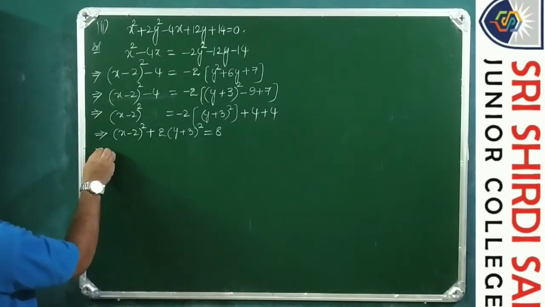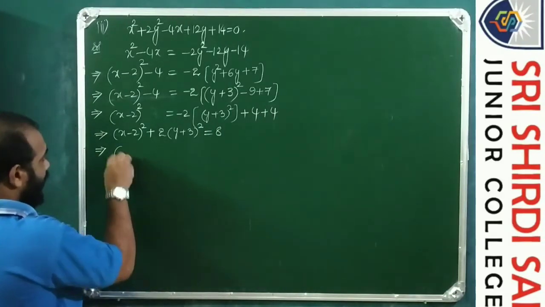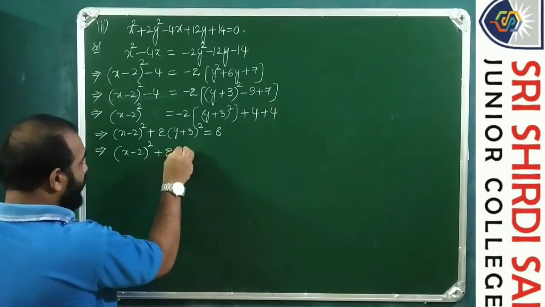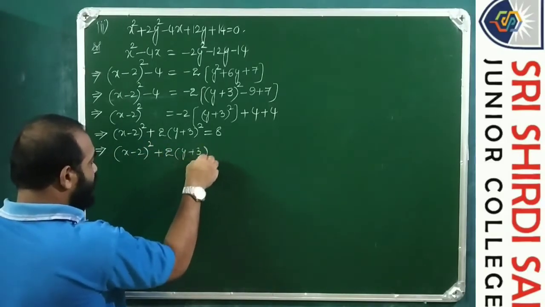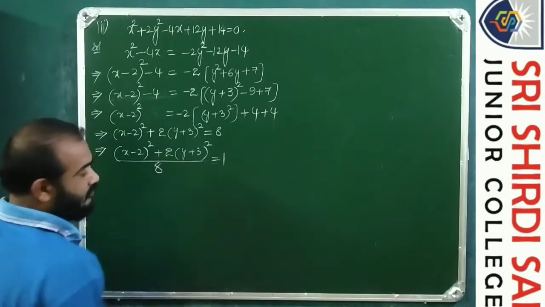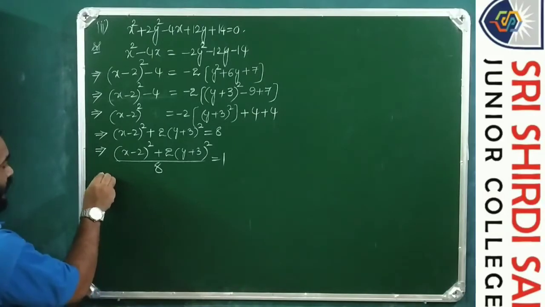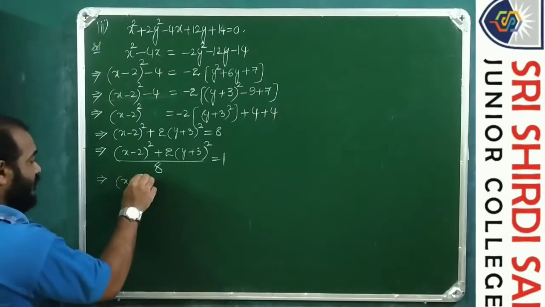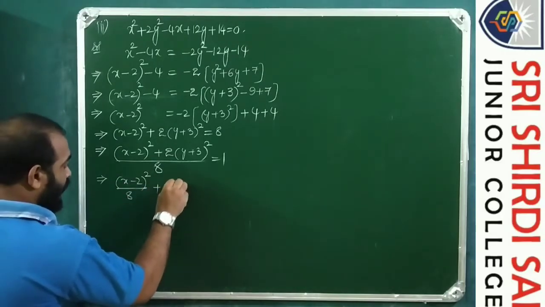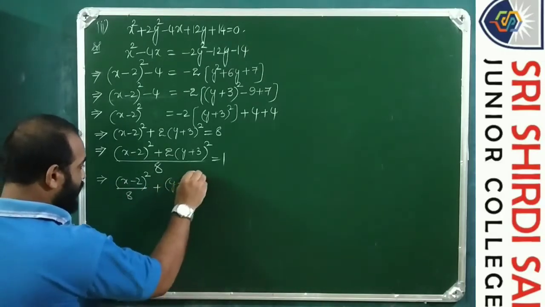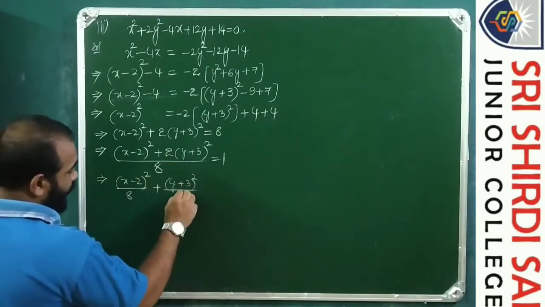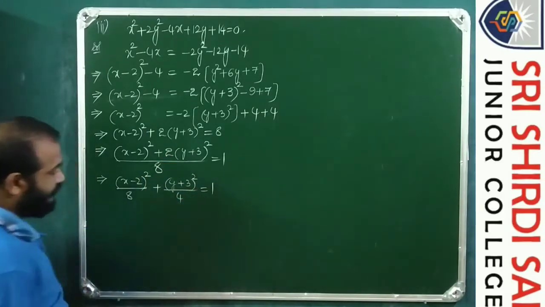This can be written as x minus 2 whole square by 8 plus y plus 3 whole square by 4 equals 1.